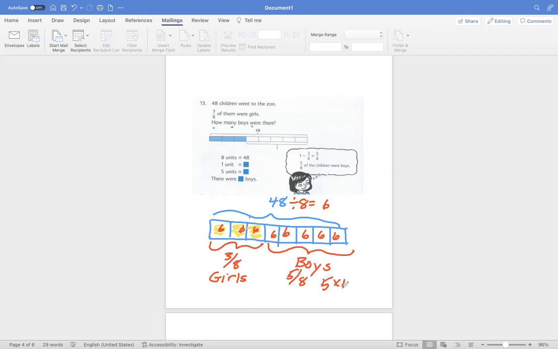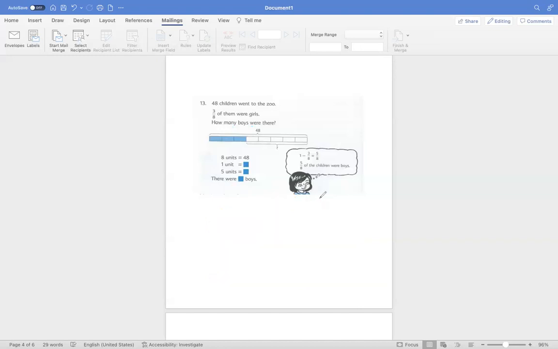So 5 times 6 is 30. There were 30 boys that went to the zoo. So this was a multi-step problem. So drawing this part-whole bar model to organize my information will help me tremendously.